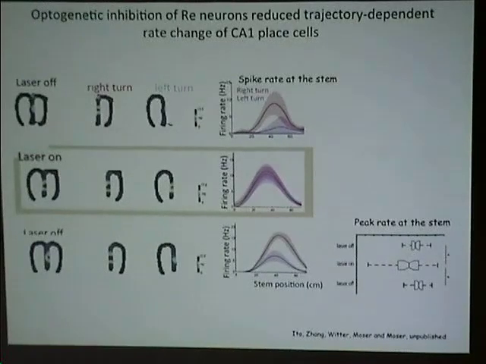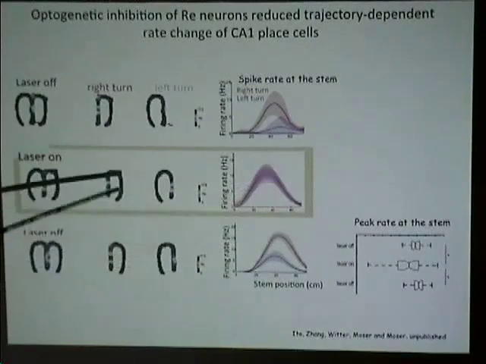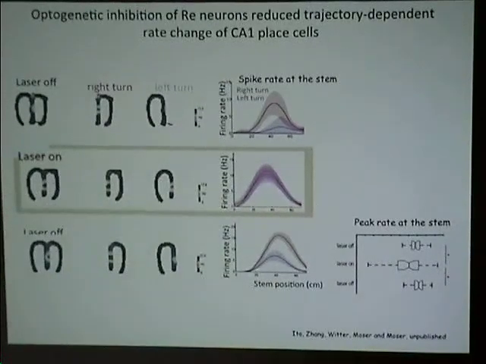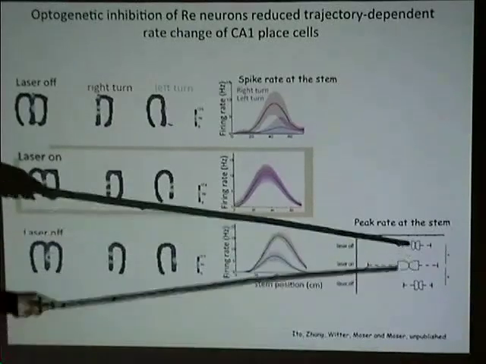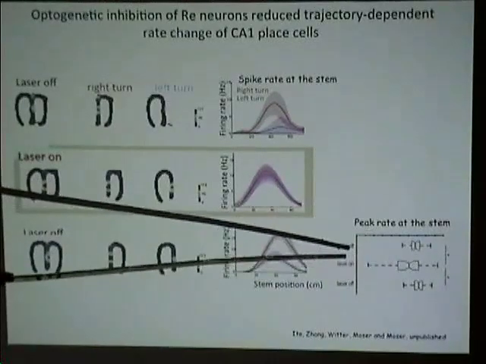I wouldn't say that, but it didn't really show anything striking. We haven't really focused on it, so I don't want to say too much. That figure shows peak rate going down during the laser. Is that peak rate of CA1? Yeah, this is the peak rate at wherever that happens. So you still have the full range, but it goes down.